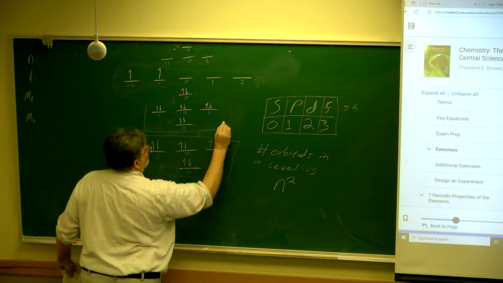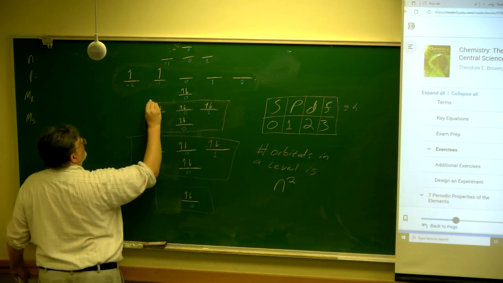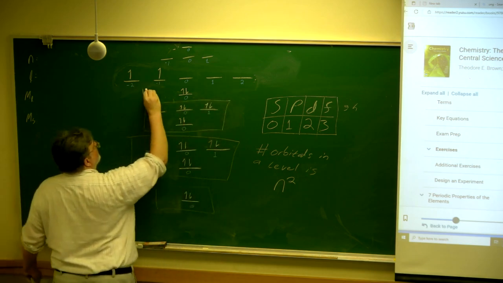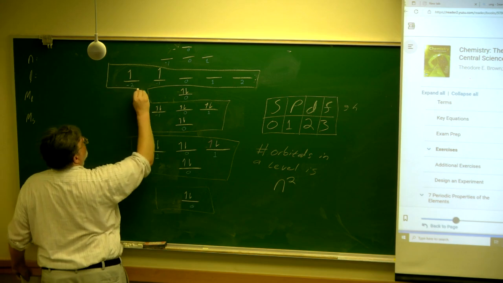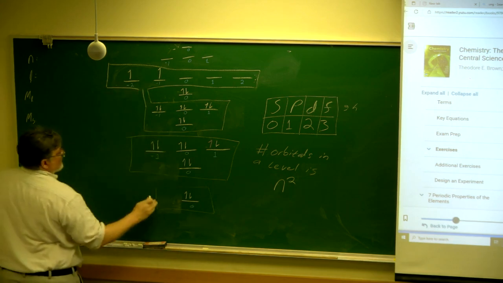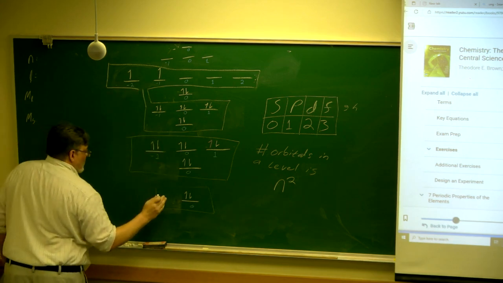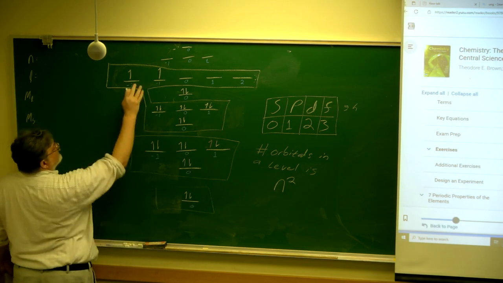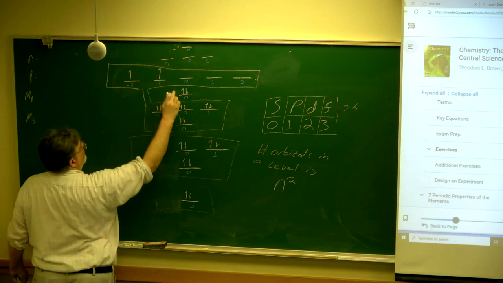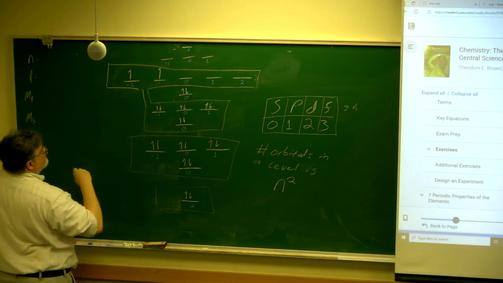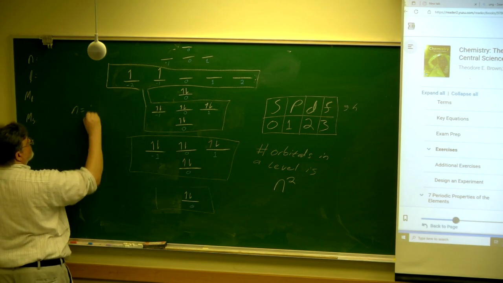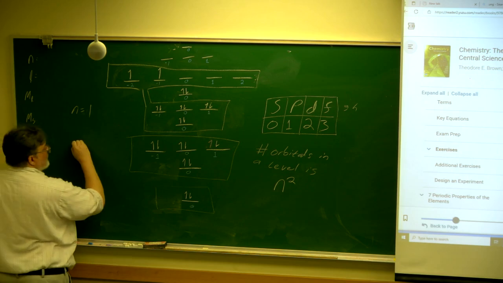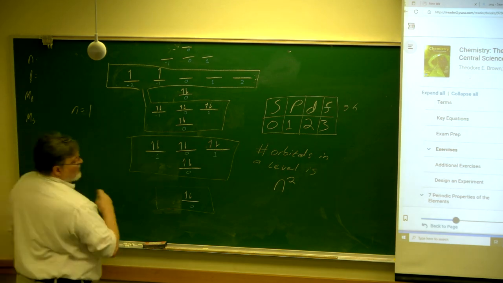The 1, 3, 5. Cheat, make a little bridge up here. So level 1, level 2, and these are level 3. That goes with level 4. N equals 1. What am I thinking?